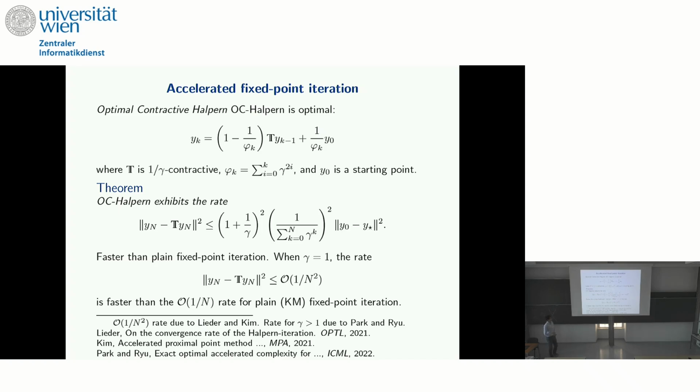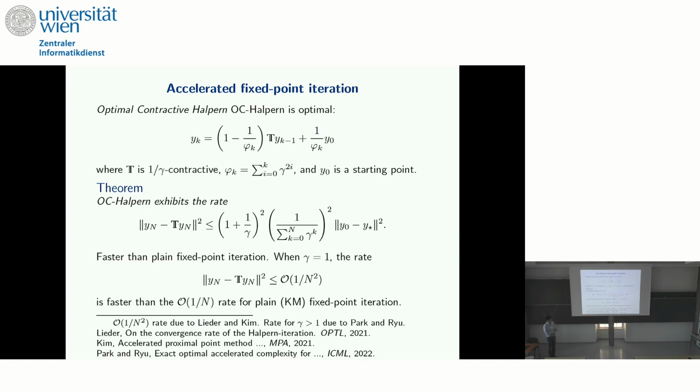So we can show that this algorithm achieves this rate, and you'll just have to trust me that this factor is smaller than gamma to the power of k. Gamma to the power of k is the classical Banach fixed point iteration rate, and this is faster than that for all values of gamma. In particular, when gamma is equal to 1, this iteration still has a meaningful rate.